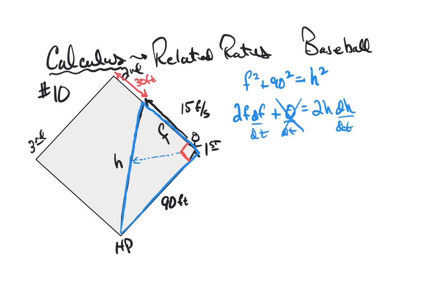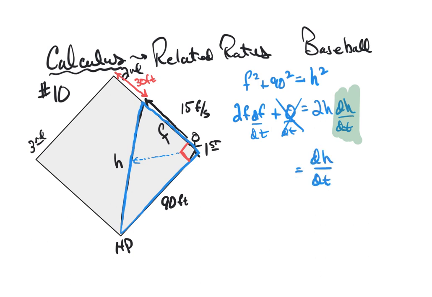And then how do you know which derivative to solve for? Well, the question in the problem was, at what rate is the player's distance from home plate changing? So the one we're searching for is going to be dh/dt. So that's the one we want to get by itself, which isn't very difficult.